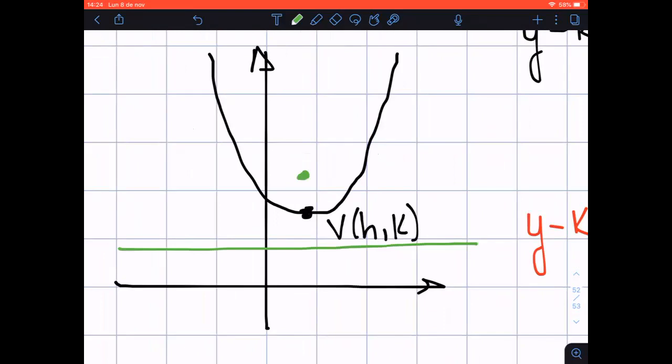We call this point that is inside the parabola the focus. The focus. And this line that is outside the parabola, the directrix. Directrix. Okay.